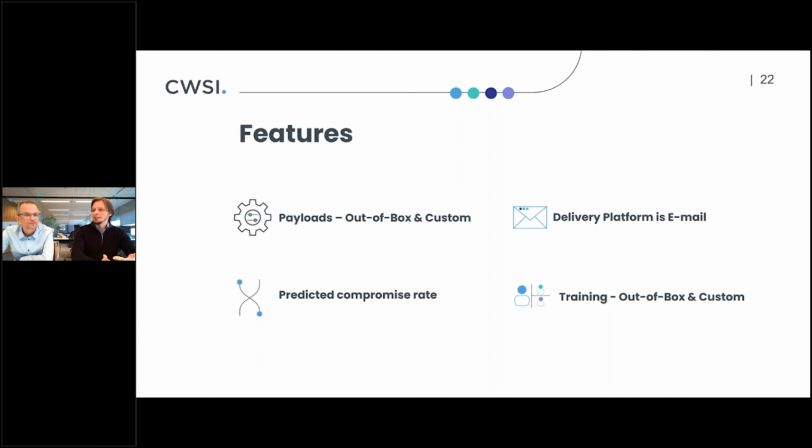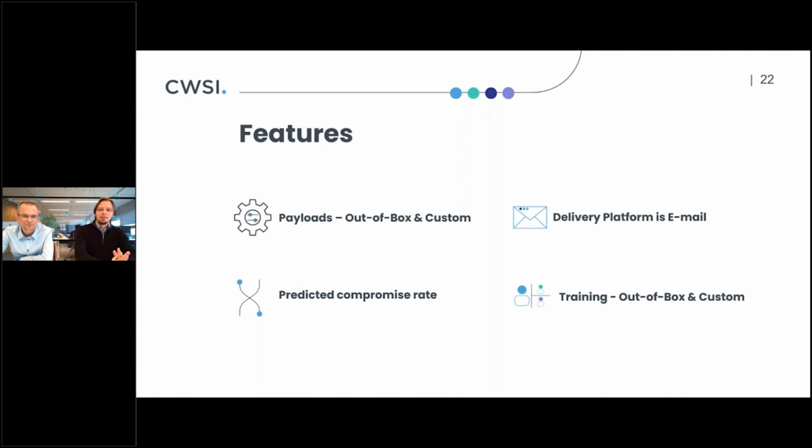But if you want, you can. So it has both out-of-the-box payloads, and there's a broad possibility to create custom payloads yourselves. The delivery platform is email, but I will say there are developments on that, because I think Teams as a delivery platform is in private preview right now.